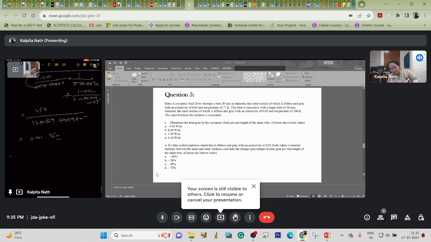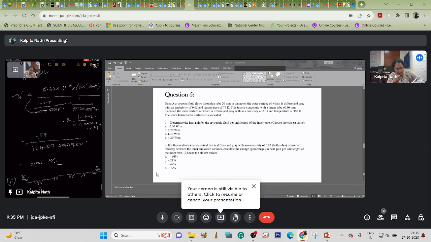For the second part, the shield will also be introduced in between. So this is 1, 2, 3, 4 and 5 resistances. This is E_b0, and this is E_b inner side. This is (1 minus epsilon I) upon epsilon I A_I, this is 1 upon A_I F_I shield, this is (1 minus epsilon S) upon epsilon S A_S for the shield, this is for the shield and outer surface F_S0, and this is for the outer surface.